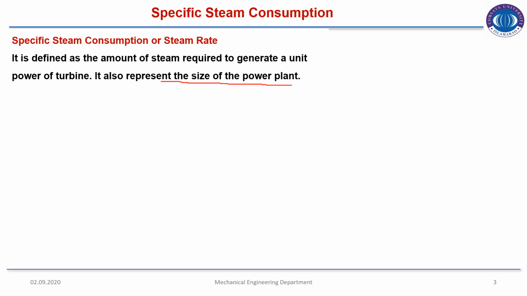So as you can see, we will see what is meant by this. The power generated by the turbine with the help of the generator directly relates to the specific steam consumption or steam rate.